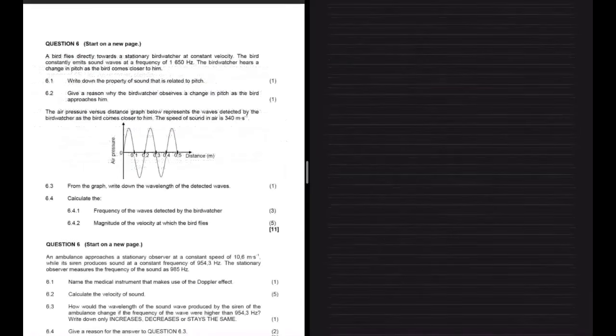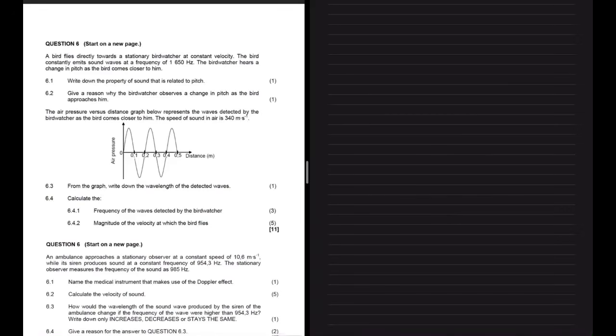Let's move ahead and do questions that are a bit different from what we've been doing, that involve graphs and so on. On the left hand side, we have question 6. We're going to start by reading the problem statement like we always do. A bird flies directly towards a stationary bird watcher at constant velocity.